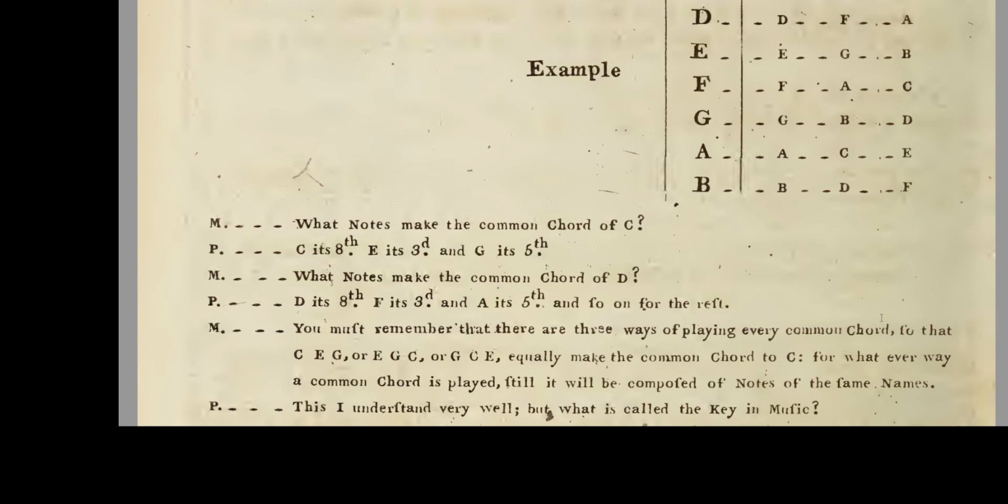So that C, E, G, E, G, C, and G, C, E equally make the common chord to C. For whatever way a common chord is played, it still will be composed of notes of the same names.